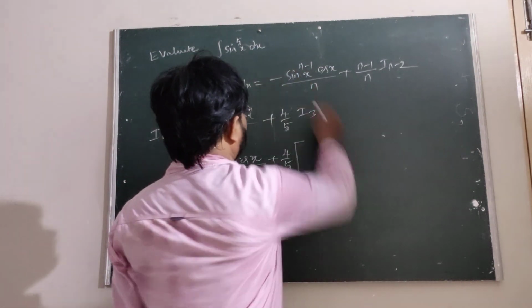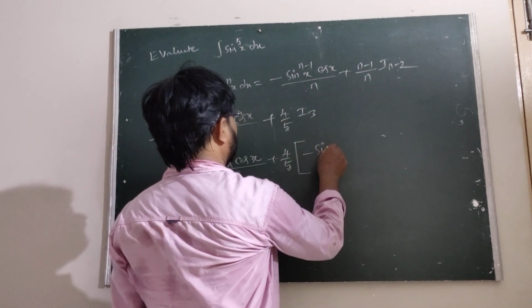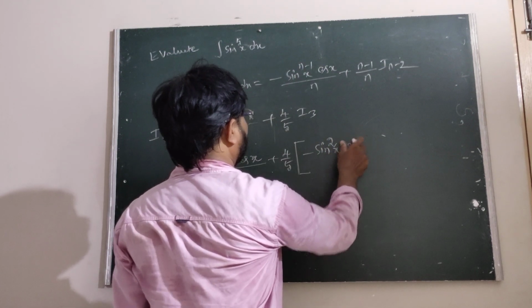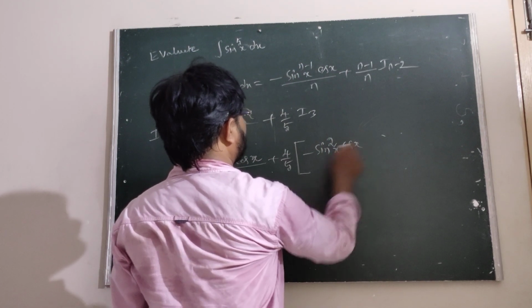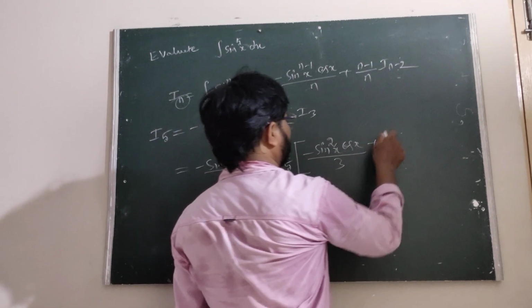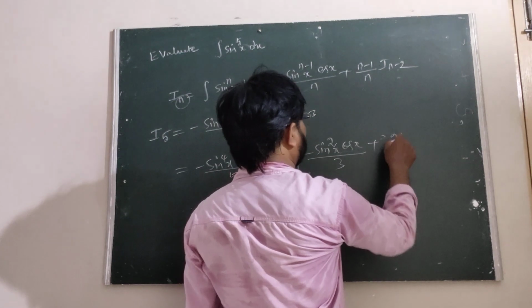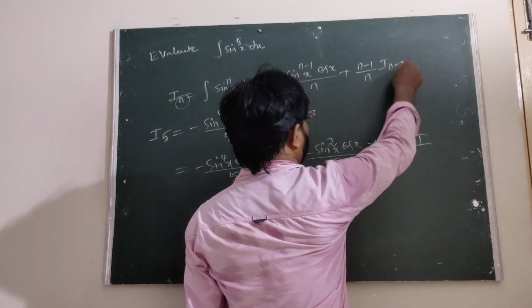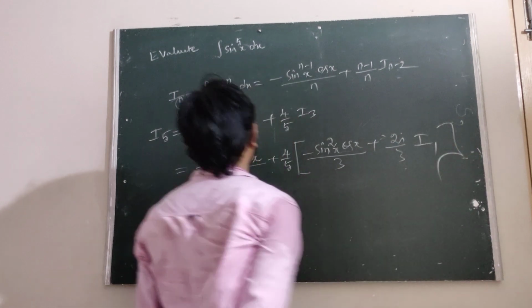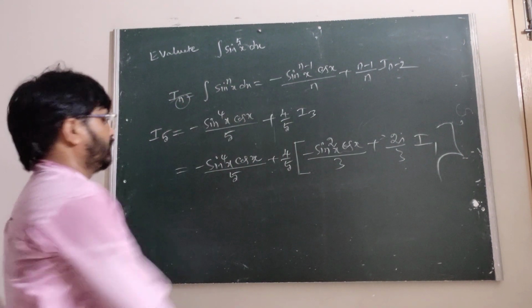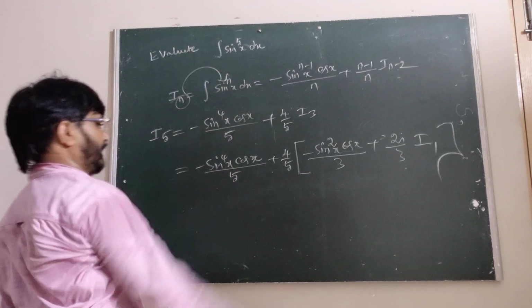That is minus sin^(3-1)x, which is sin square, into cos x by 3, plus 3 minus 1 is 2 by 3 into I_(3-2), which is I_1. I_1 means the integral of sin x.